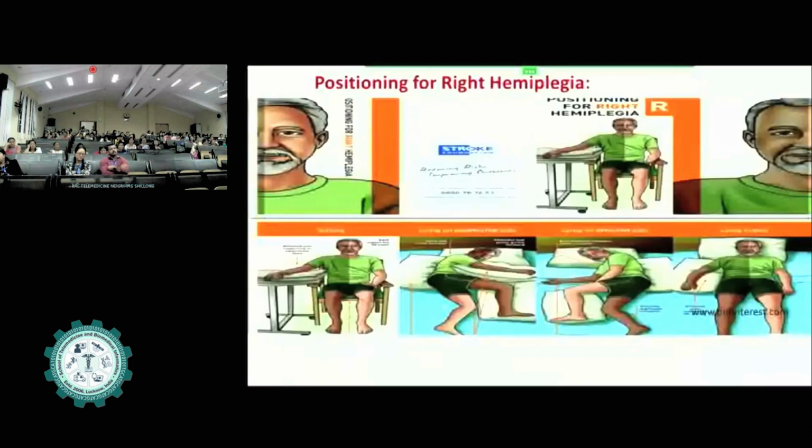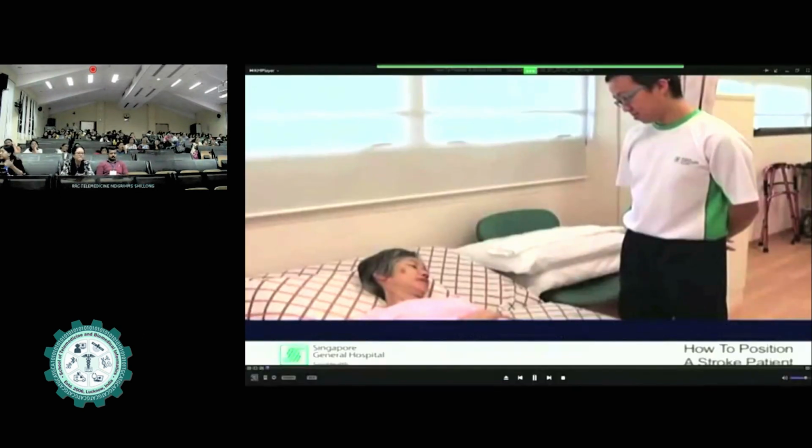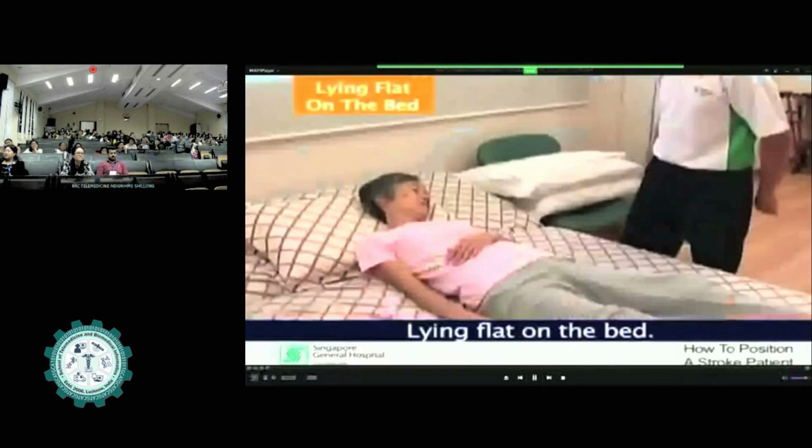Just before conclusion, I want to show you a video on how to position a patient who has had a stroke. Lying flat on the bed. Head is in the neutral position. Use a towel to position the head centrally.